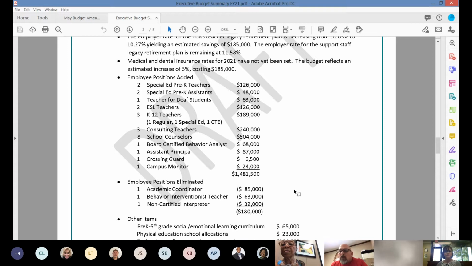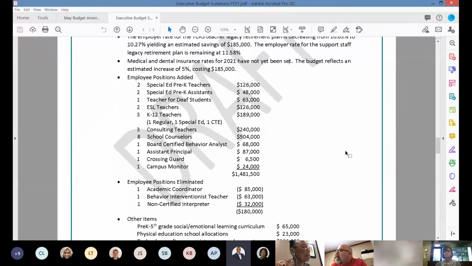I guess, Ray, my concern is, and I don't know how the board's going to look at it, we're looking at, let's just say, nominally a $3 million deficit. In terms of sustainability, what does FY 22 look like?